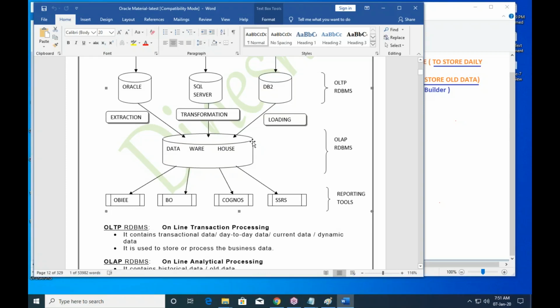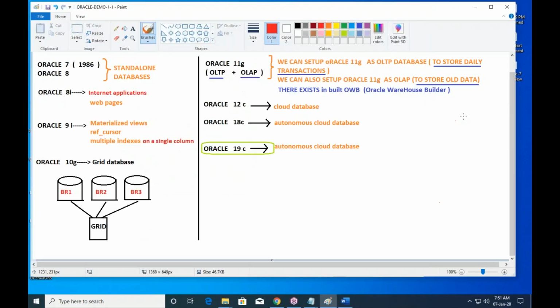Means 11G onwards, Oracle is supporting daily transactions, old transactions also. Transaction processing database and also data warehouse is a separate database, Gaur.